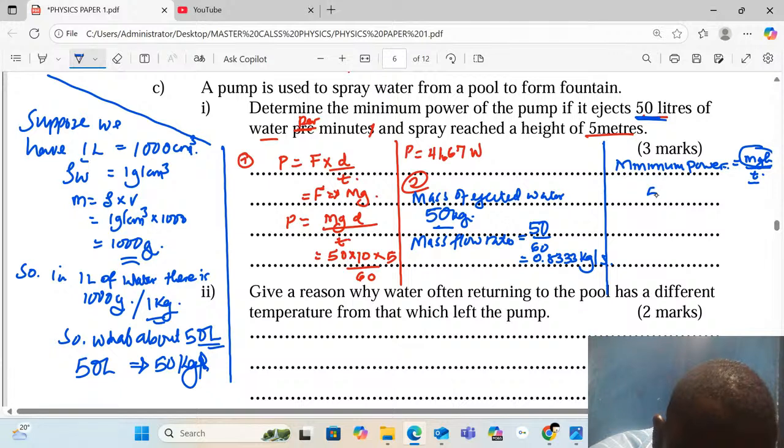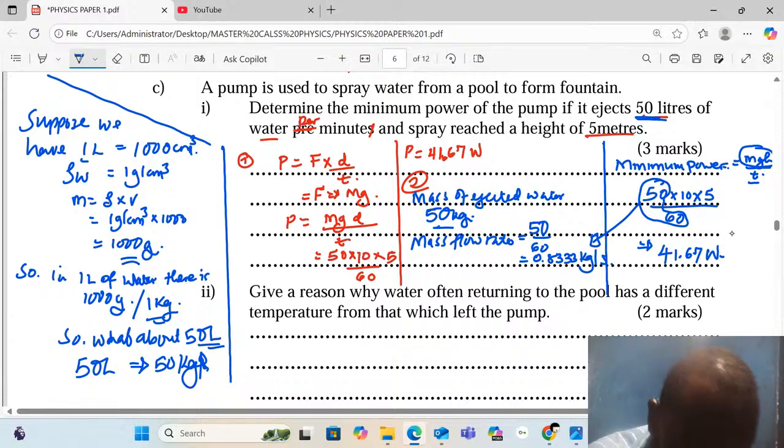So we have a mass of 50 times 10 newtons per kg times a height of 5, divided by 60. At long last, we'll arrive at 41.67 watts. It is a very tricky question that you need to handle with serious care.